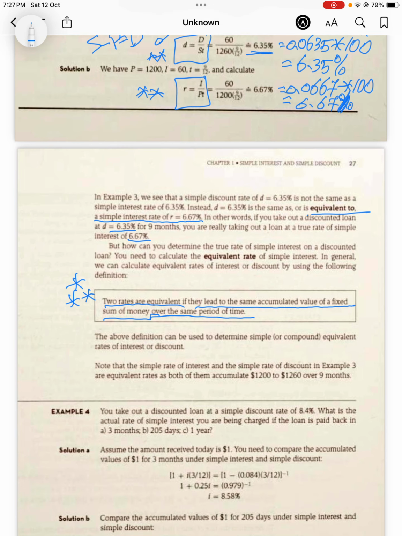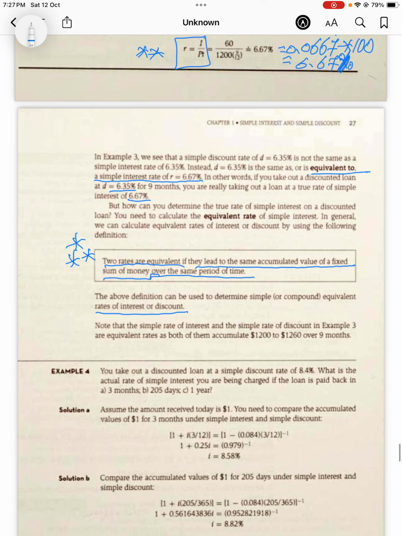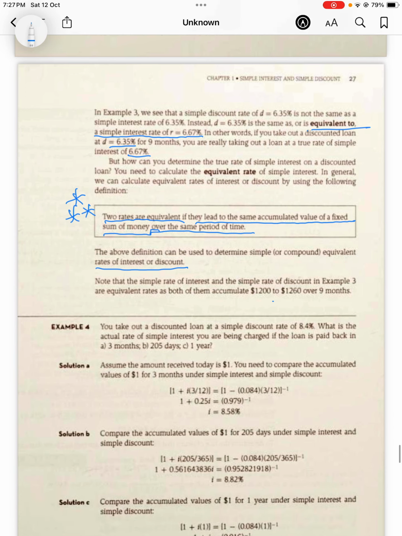The above definition can be used to determine simple or compound equivalent rates of interest or discount. Note that the simple rate of interest and the simple rate of discount in example number 3 are equivalent rates, as both of them accumulate $1,200 to $1,260 over 9 months.